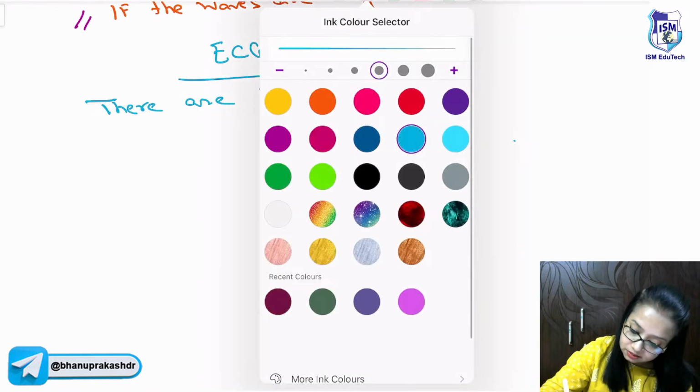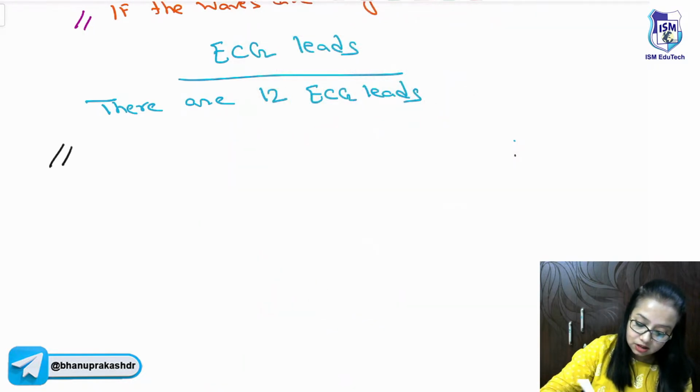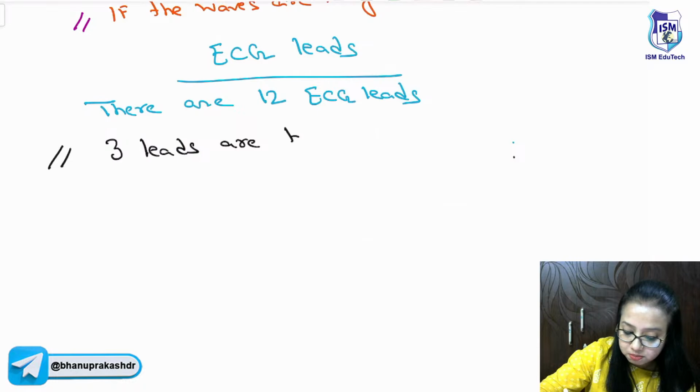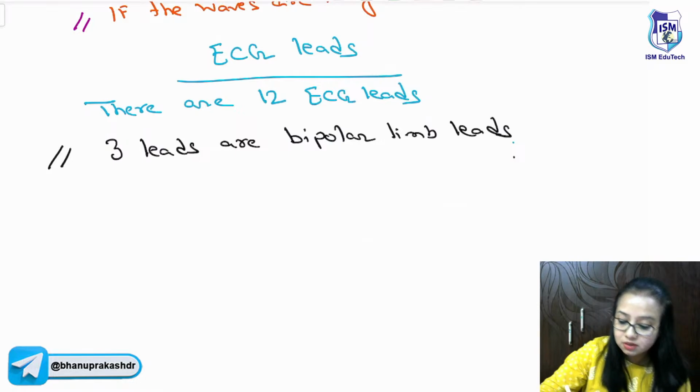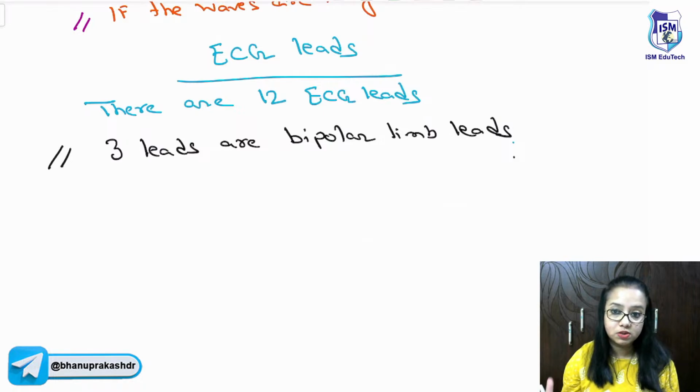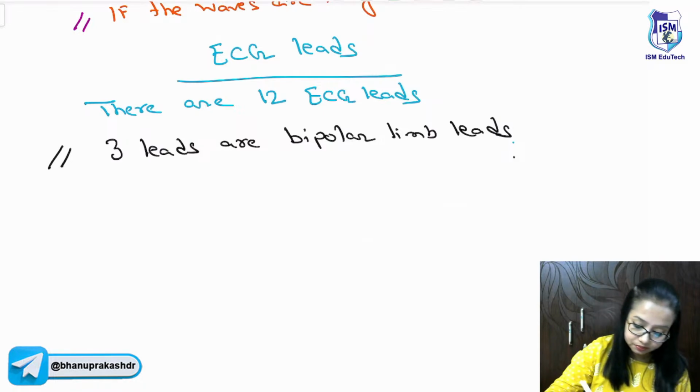Out of that, 3 leads are bipolar limb leads. Bipolar limb leads means these leads are connected through the electrode to both sides, like to two limbs. It can be the arm, it can also be one of the legs that is involved.